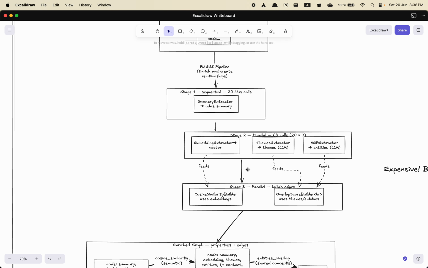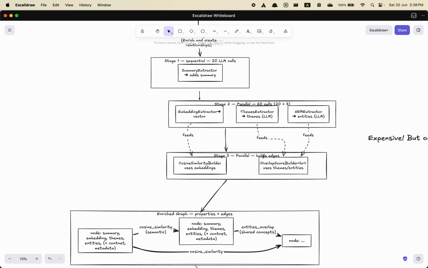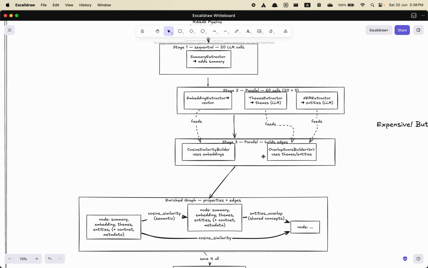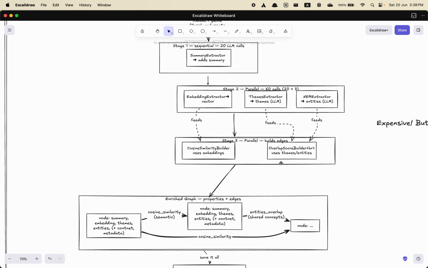Then from there, in parallel on all those chunks, we run an embedding extractor, a theme extractor, and something called an NER extractor. All in all, what they're doing is getting out the themes and the entities for those chunks. Once we have all that information, we can enrich those chunks.